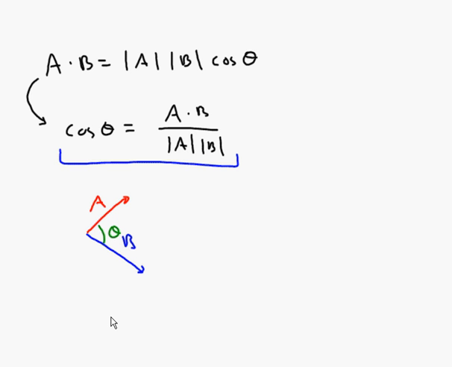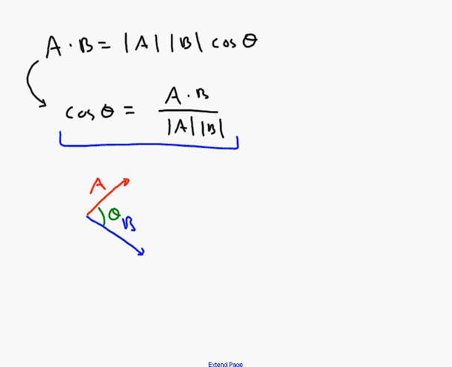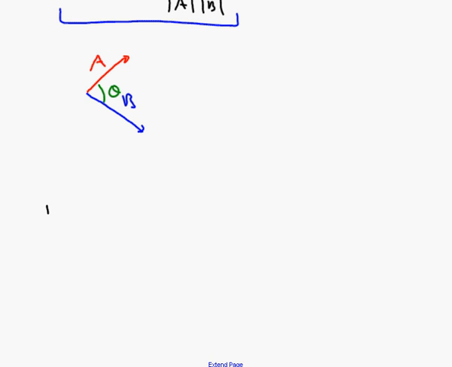Okay? All right, so that was sort of fun stuff. You're able to take two vectors and find the angle between them. We also know now that if vector A is perpendicular to vector B, then A dot B is equal to 0.